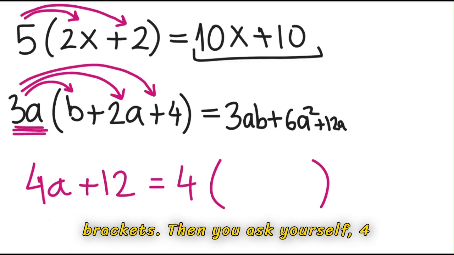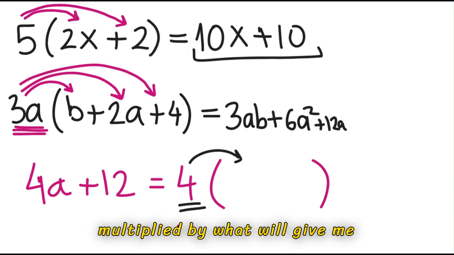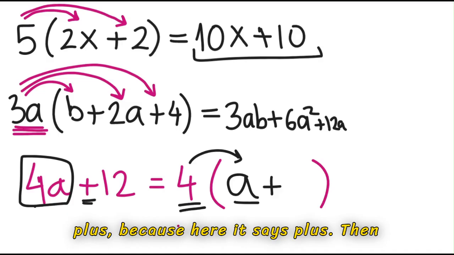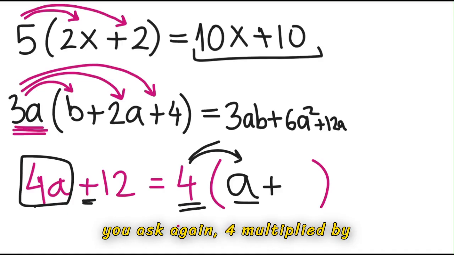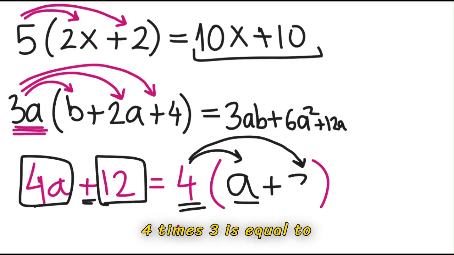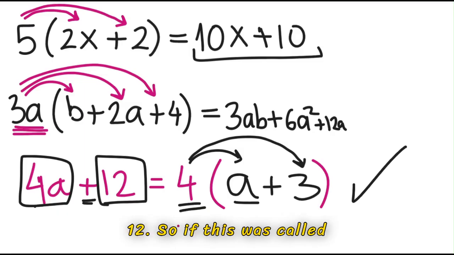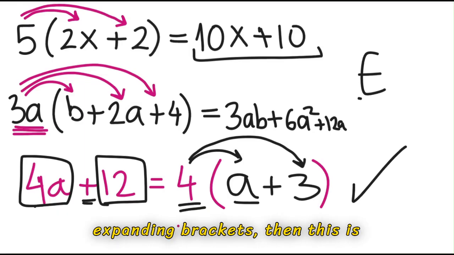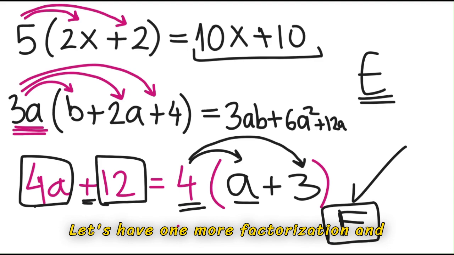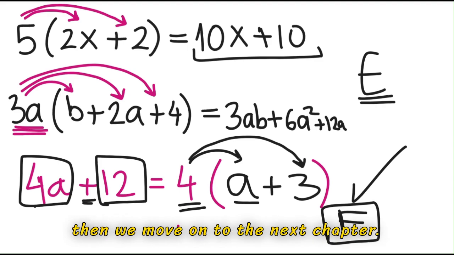Then you ask yourself, 4 multiplied by what will give me 4a? 4 times a is 4a plus, because here it says plus. Then you ask again, 4 multiplied by what will give me 12? 4 times 3 is equal to 12. So if this was called expanding brackets, then this is called factorization.